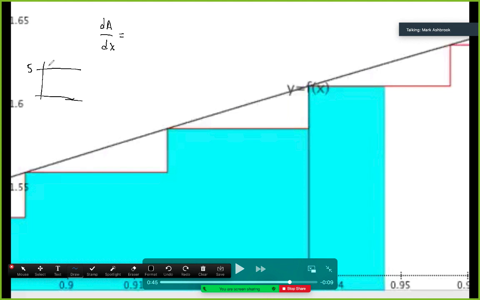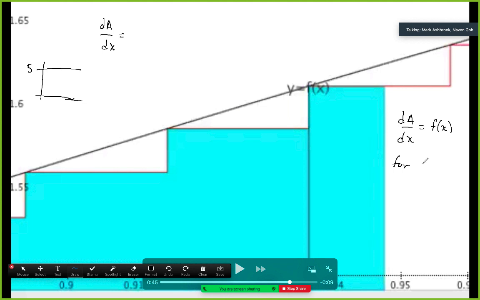Well, when your function has a changing value, if you just zoom in far enough and consider little steps, just like this situation, then what does dA dx equal? f of x times dx. Okay, that's what dA equals, but dA over dx would just be f of x, right? Just the y coordinate, just like it was here.